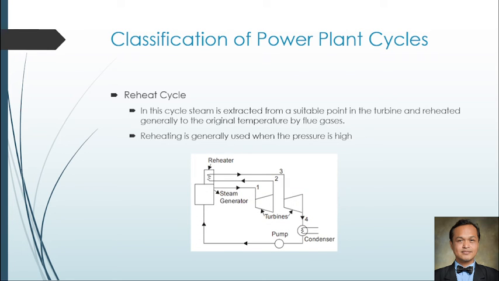In this reheating cycle, there are 2 types of turbine being used, a high pressure turbine and a normal turbine, wherein the water that was fed into the steam generator was reheated. As it was reheated, it will produce a high pressure steam.